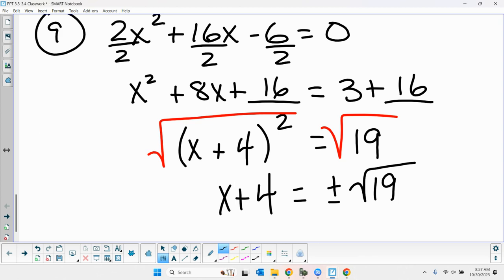So all I gotta do is subtract the 4 over. My answer is negative 4 plus or minus the square root of 19. You can leave it that way, because you don't know exactly what the square root of 19 is. I do not want a decimal answer. Right, Fisher? No decimals. Radical form.